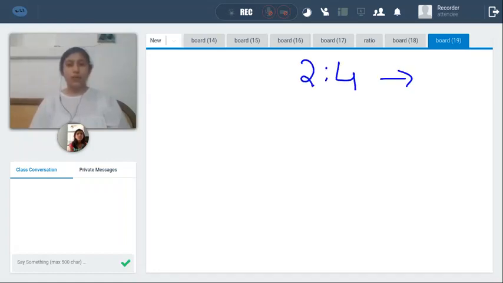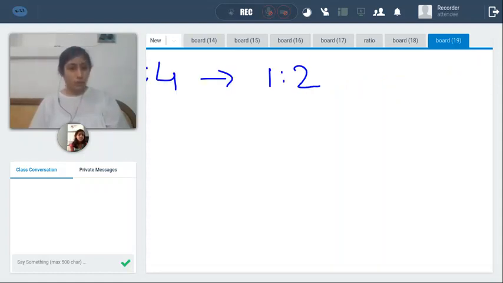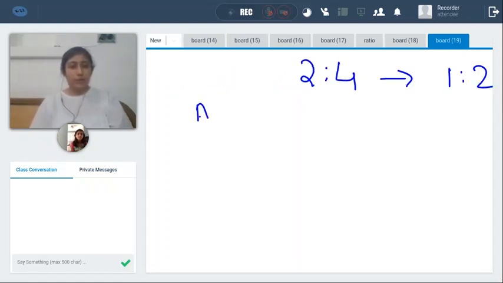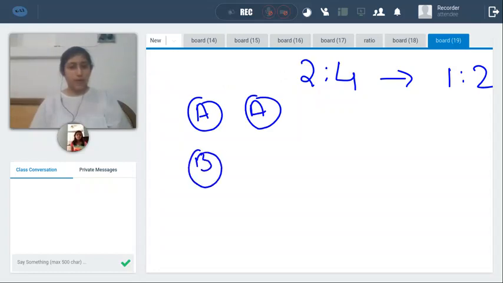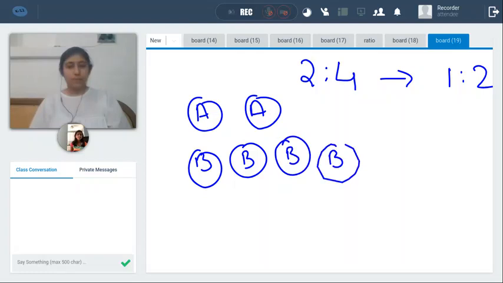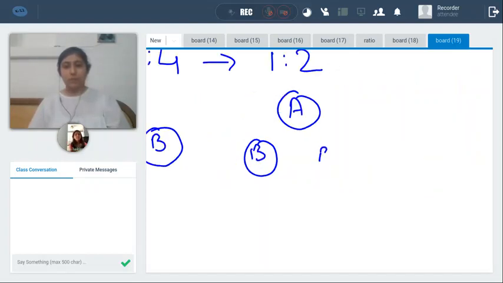Do you know how we can write it another way? 1:2. Very good. You can write it as 1:2. Now here, the way you are going to read it is that for 2 apples, you have 4 bananas, right? And for 1:2, you can say that for 1 apple, you have 2 bananas.